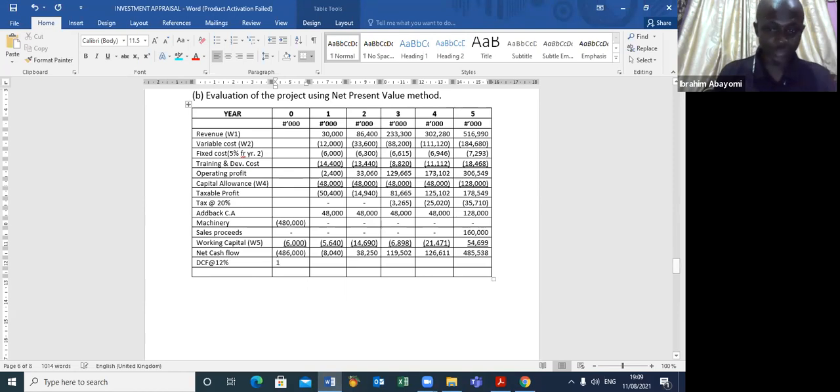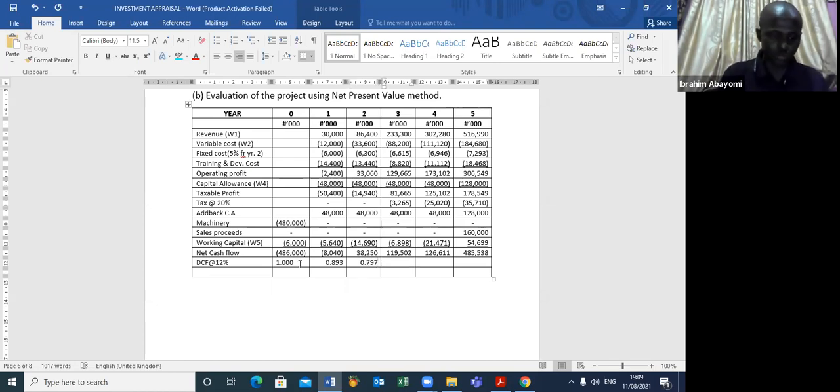So at 12%, year 0 is 1.000. Year 1, 1.12 raised to power minus 1 is 0.893. Year 2, 1.12 raised to power minus 2, is 0.797.